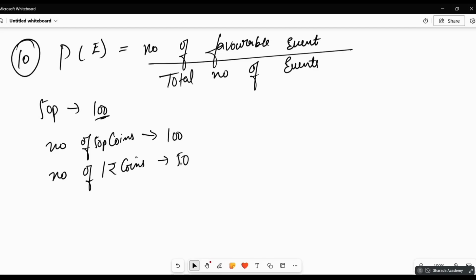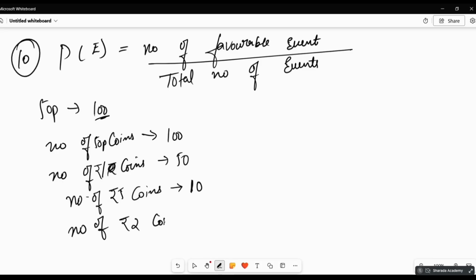Then 10 5 rupee coins. The number of 5 rupee coins is 10. And 2 rupee coins, it is 20 coins. The number of 2 rupee coins is 20. Like that, count it.